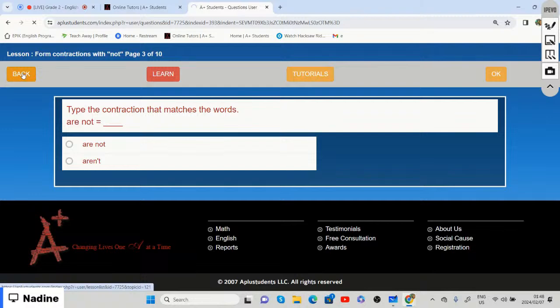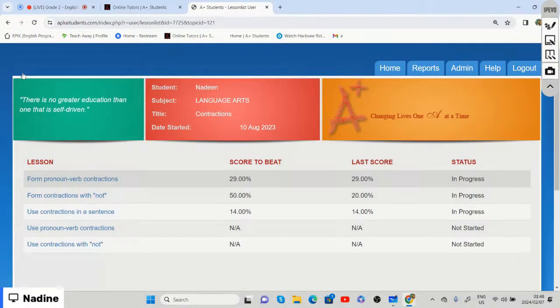All right, so that is now the end of our lesson, grade twos, and we see the contraction is a shortened form of two words. So it's like shortening the word to make it one word. So we use the word did not.